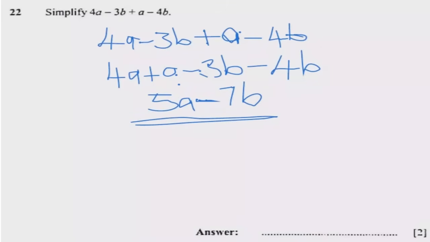So we come to the portion where we're supposed to write the answer and write 5a minus 7b. Make sure your handwriting is visible enough. So simplifying 4a minus 3b plus a minus 4b will give us 5a minus 7b.